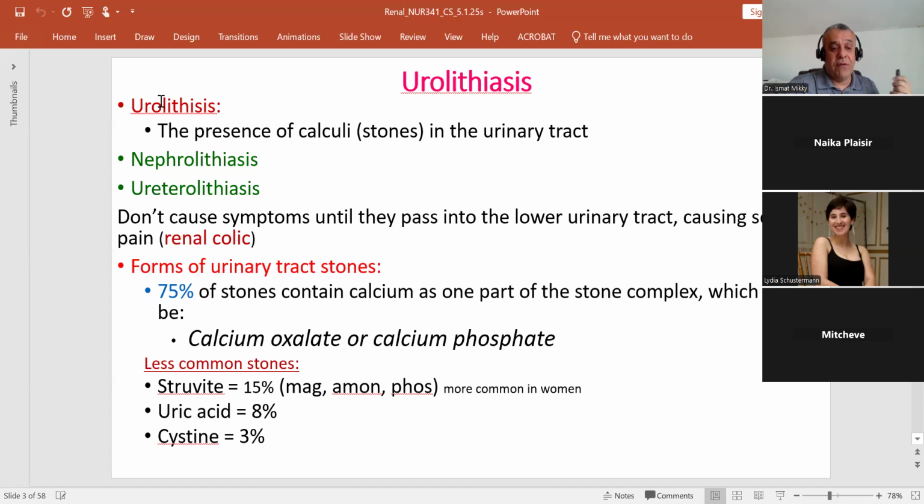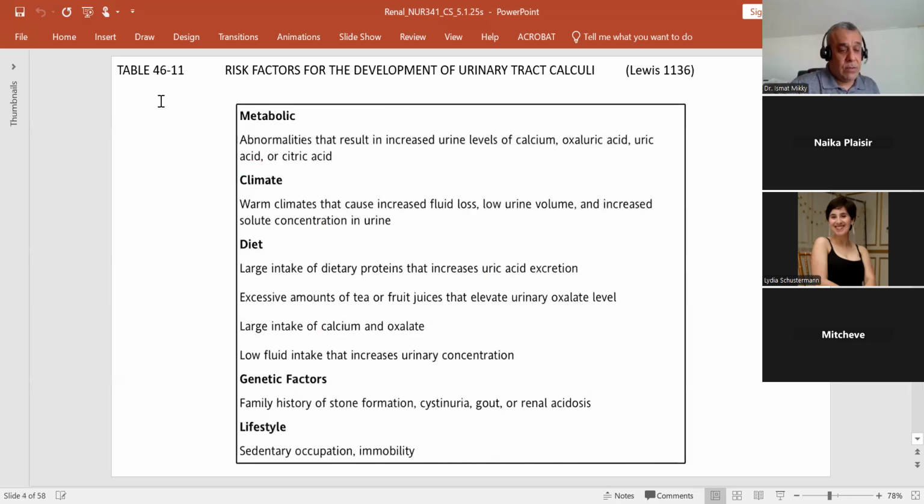If the fluid intake is poor, such as when the patient is dehydrated, this is going to result in supersaturation of the urine, and that will increase the risk for calcium combining with other electrolytes like oxalate or phosphate, because the calcium deposits with other electrolytes, like calcium with phosphate or calcium with oxalate, and that will result in a stone forming.